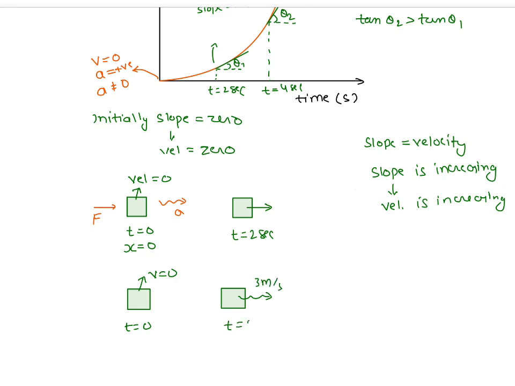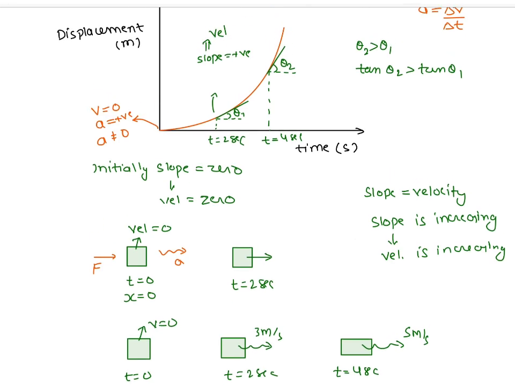But I am also saying that its velocity is increasing. It means after some time, let that time be t is equal to 4 seconds, its velocity is increasing. That means from 3 meter per second, it may have reached 5 meter per second or 6 meter per second or 7 meter per second.